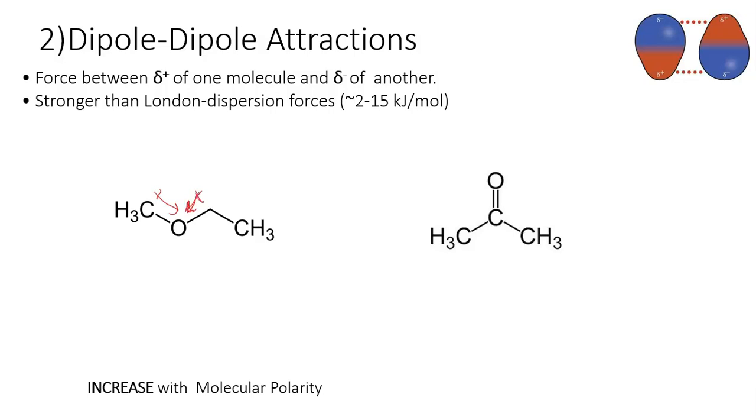So the net dipole moment is going to point down in this molecule. This ether has a dipole moment of about 1.22 Debye. It has a boiling point of 11 degrees Celsius.